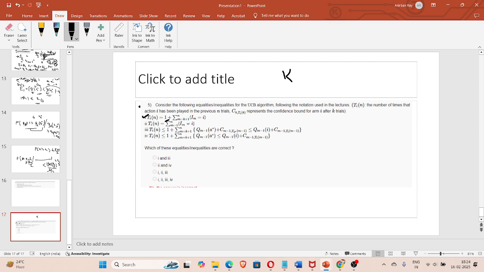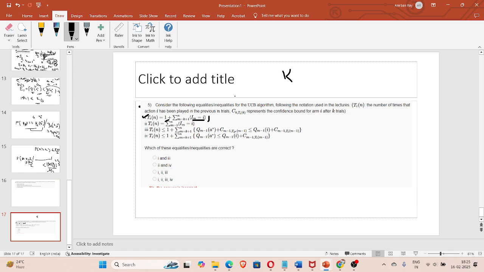After that, for the steps k plus 1 to n, how many times the ith arm is taken, that many times, when the arm is i, that number has to be added to Ti. So this one is correct.